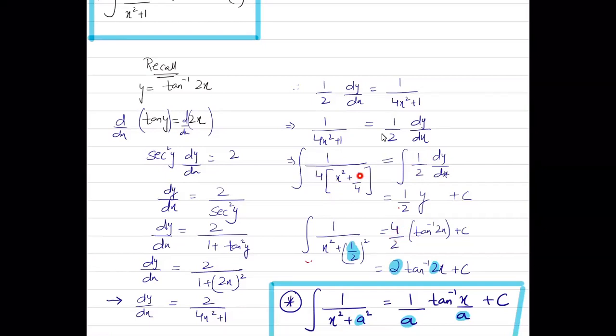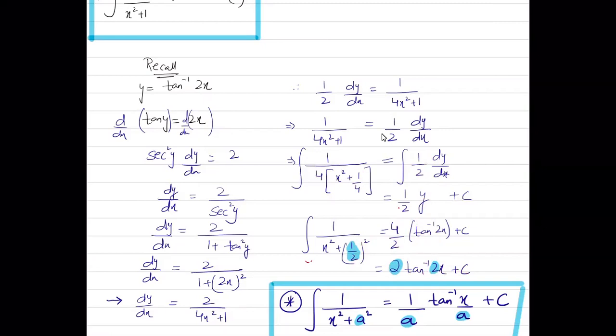Also you can write 1 upon 4 as 1 upon 2 the whole thing squared. I'm going to tell you why I am doing this. So the right hand side comes out to be 4 upon 2, that is 2. Now, y was equal to tan inverse of 2x in our question. So it is 2 tan inverse of 2x plus c.